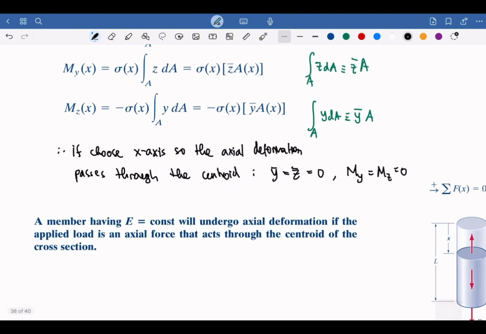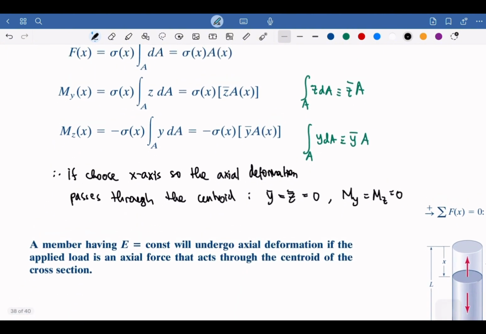Or if we write some conclusions, if we have a constant modulus, Young's modulus, then the member will undergo axial deformation if the applied load is an axial force that passes through the centroid.